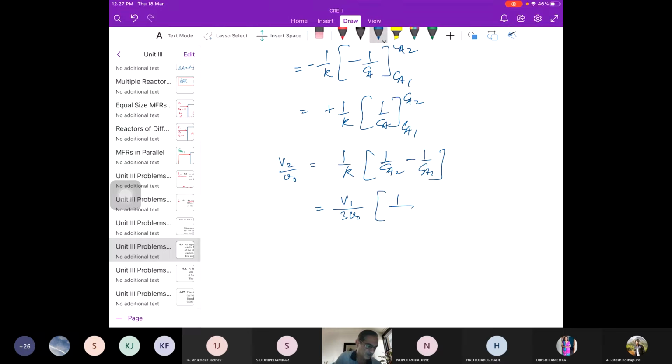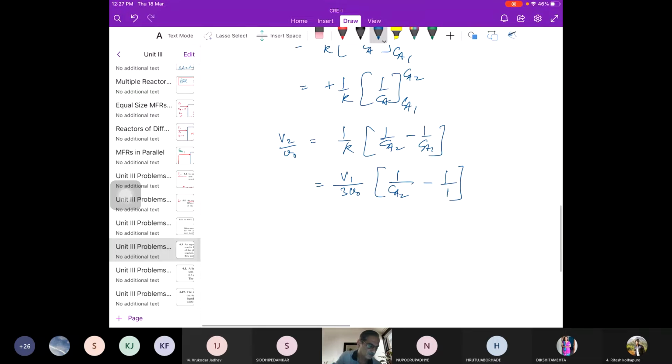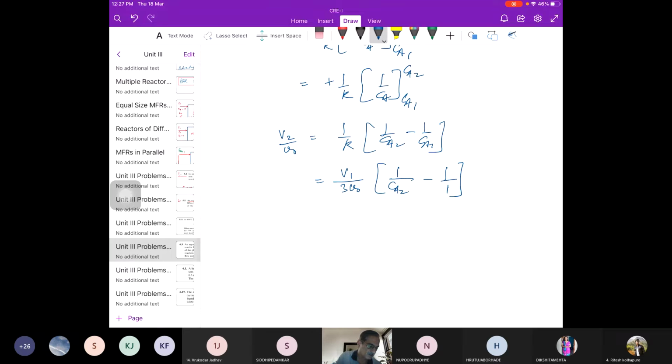1 upon CA2 पता नहीं है हमारे को. Minus 1 upon CA1. CA1 is what? 1. Right? So 1 upon CA2 minus 1 equal to, इधर लेके आ गए तो 3 times V0 upon V1 into V2 upon V0.